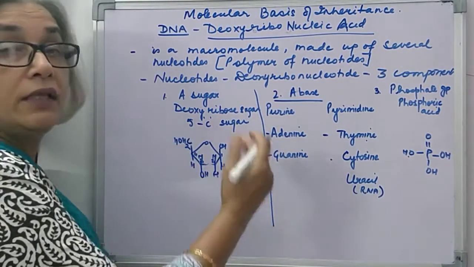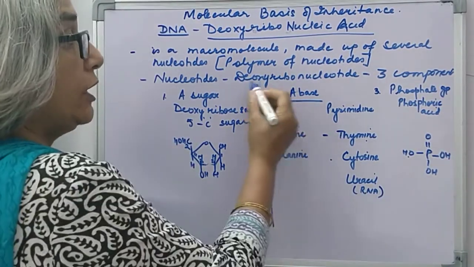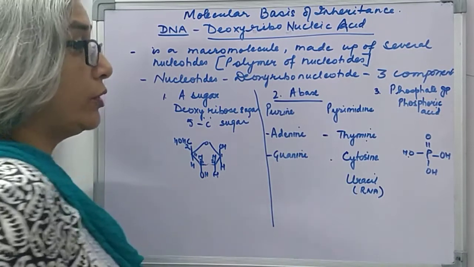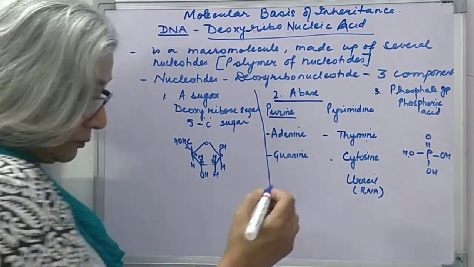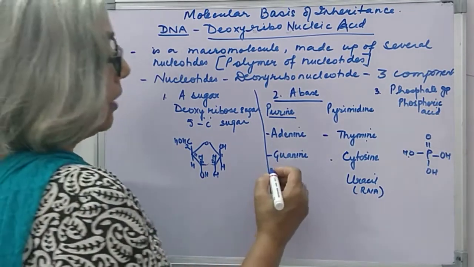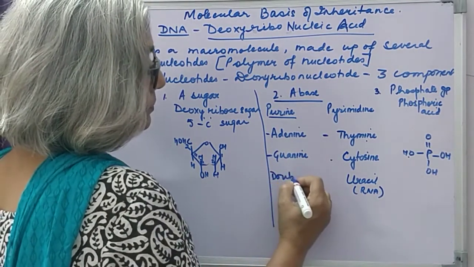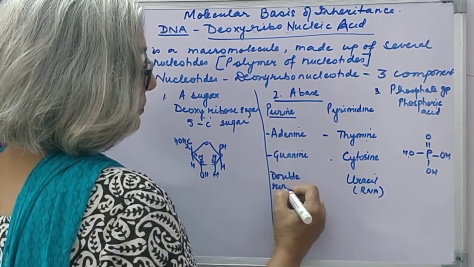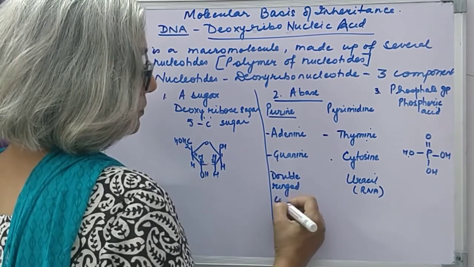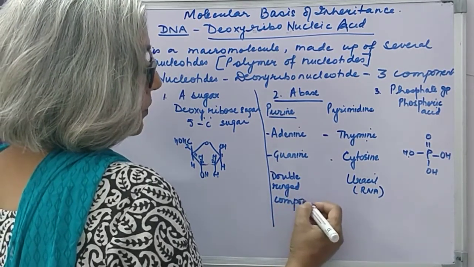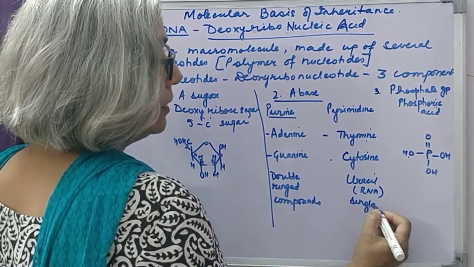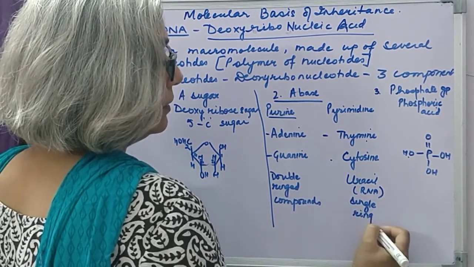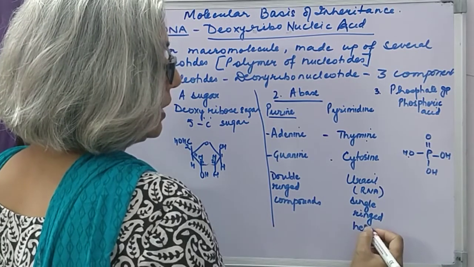Now these are the three components of deoxyribonucleotides. Purines are double ringed compounds, and the pyrimidines are single ringed heterocyclic compounds.